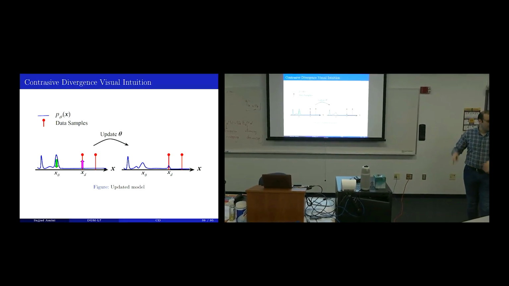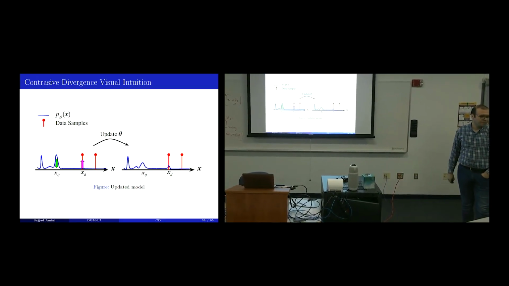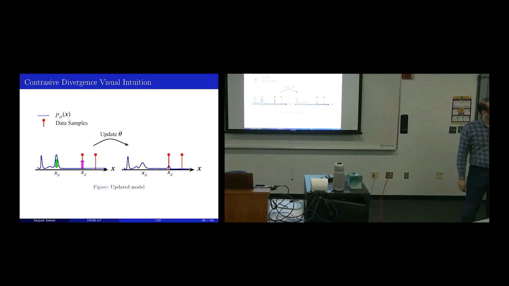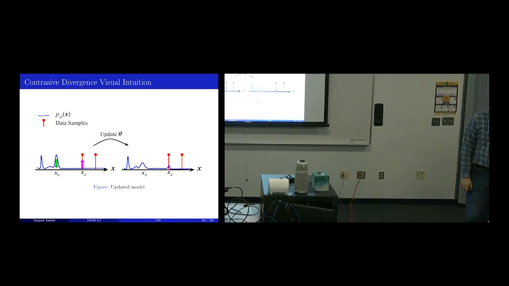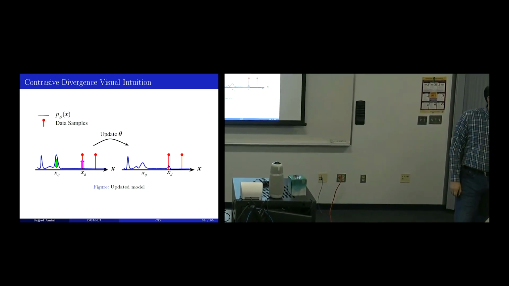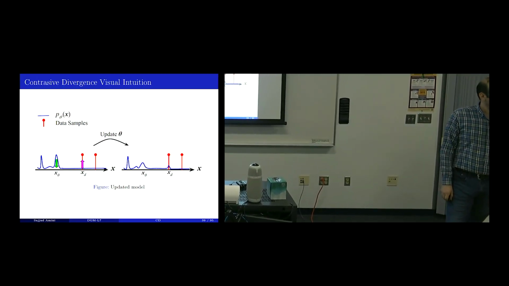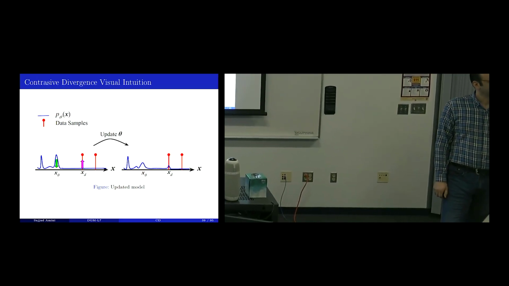The partition function was cancelled using CD. So in this method, we just generate samples from p theta, and then update the gradient for a couple of times, and then we have a model that gives high probability to points where the actual data distribution is also giving high probability.